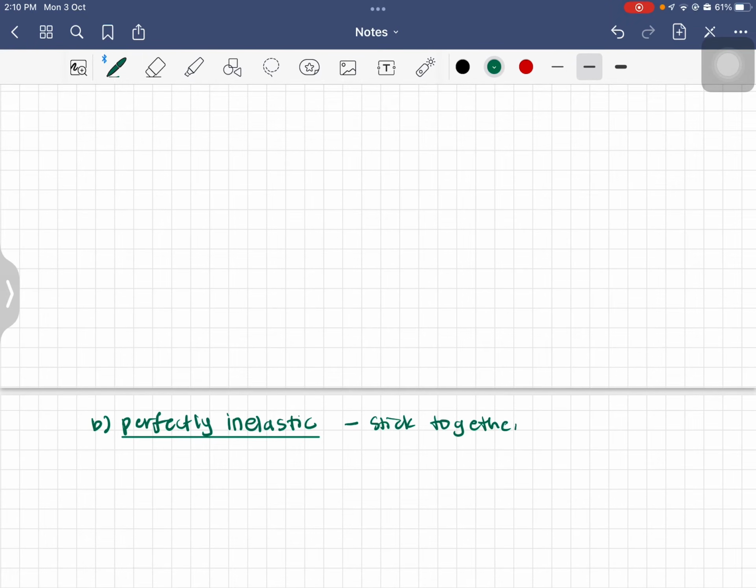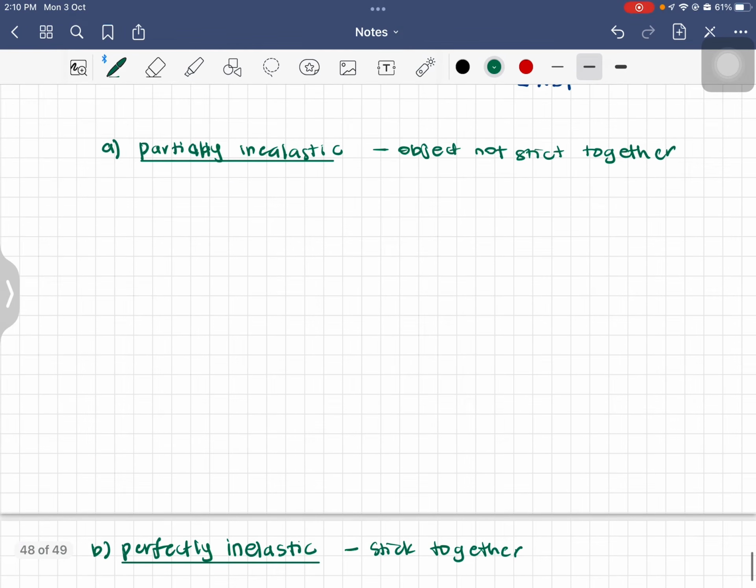What happened here? For the partially inelastic, after the collision it can be in any situation. This situation can also happen in an elastic collision. The collision I want to show here can be partially inelastic, or it can also be elastic. The difference between the two is that kinetic energy is conserved for elastic and not conserved for partially inelastic.